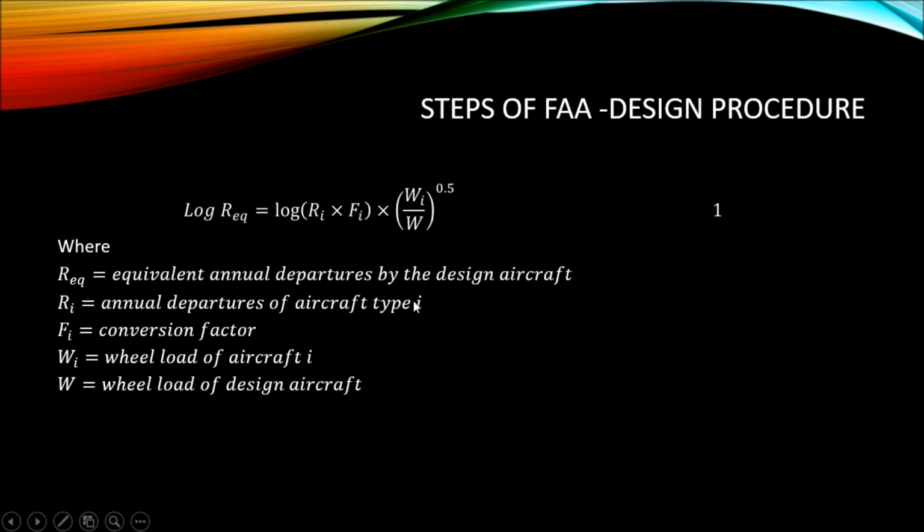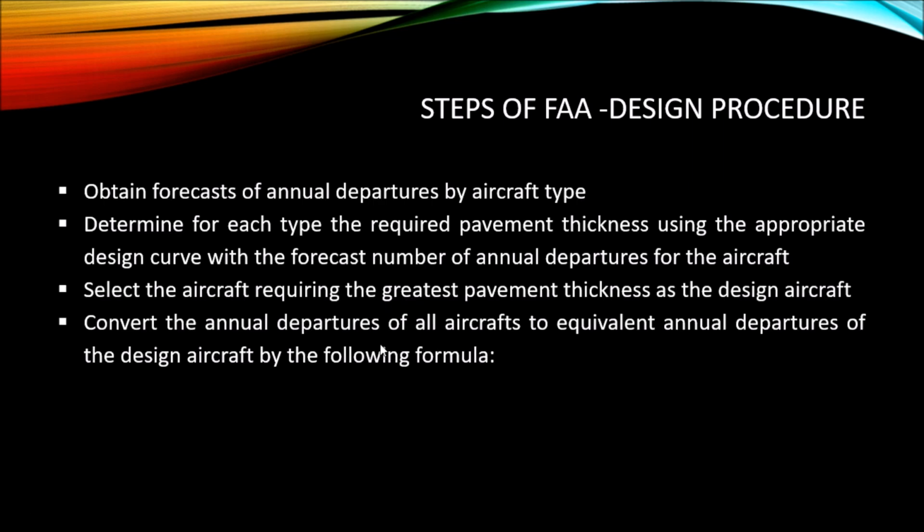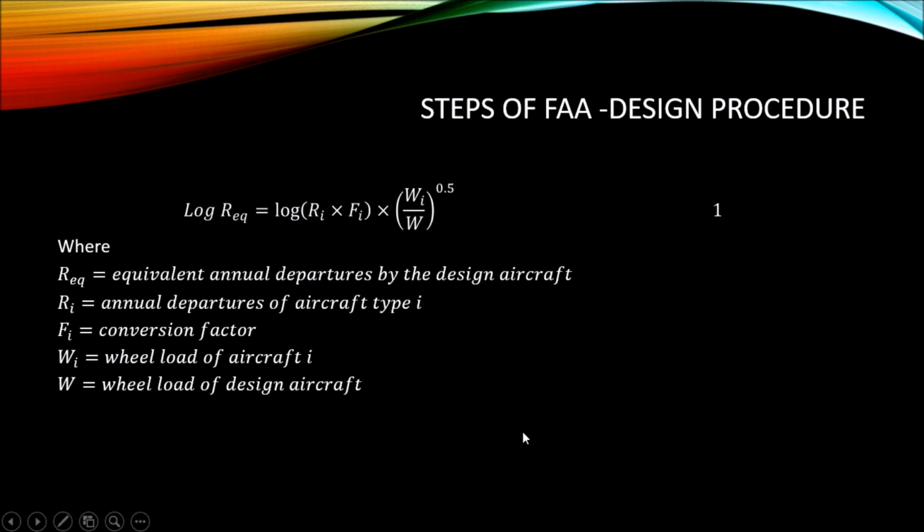So if we have 5 aircraft, including the design aircraft, it means R_EG is for the design aircraft, while subscript i is for the remaining 4, to convert them using the previous step, where we said convert the annual departures of all aircraft to the equivalent annual departures of the design aircraft by the formula which we have here.